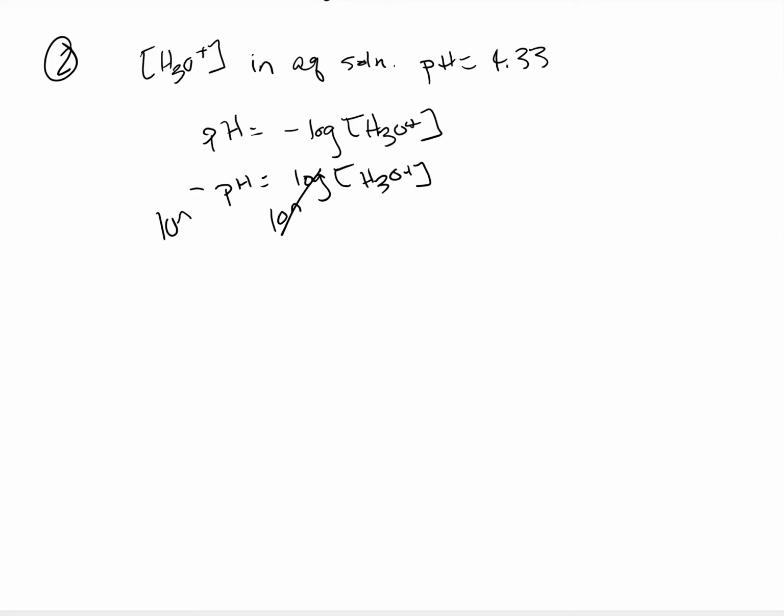So what we can do here is say our pH is 4.33, and we have a negative log of concentration of an unknown amount of hydronium that's responsible for this pH. So we're going to multiply both sides by -1, eliminating the negative from the left side of the equation.